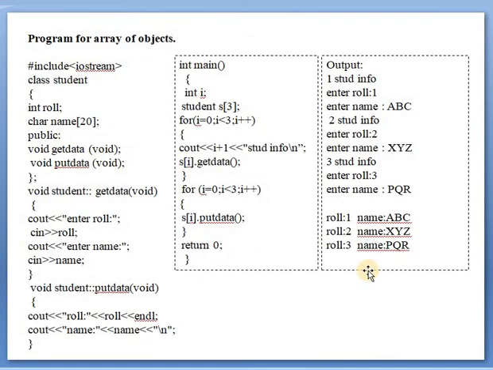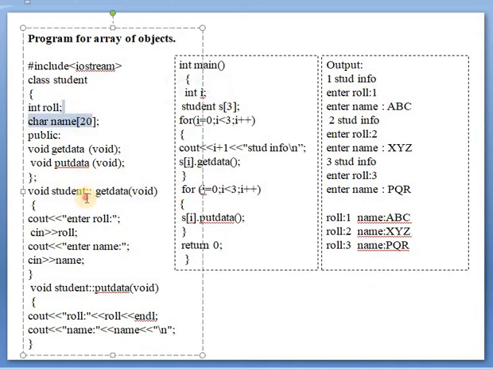Now we will see the program for array of objects. We can continue the previous example. Here the header file is included. Class student, integer roll number, character name, public. These are the two data members, and now these are two member functions, void get data and void put data.